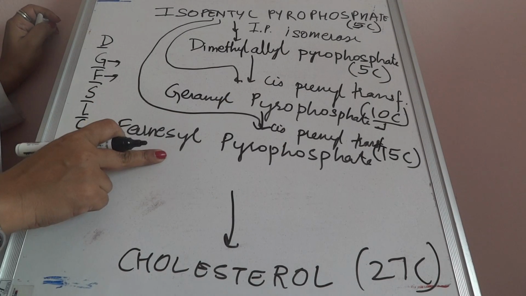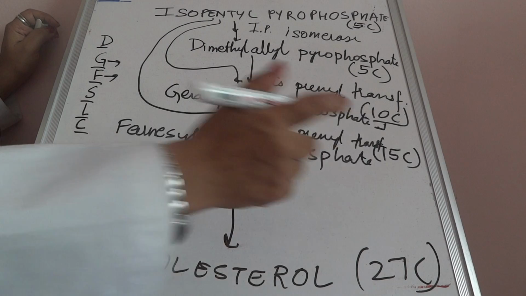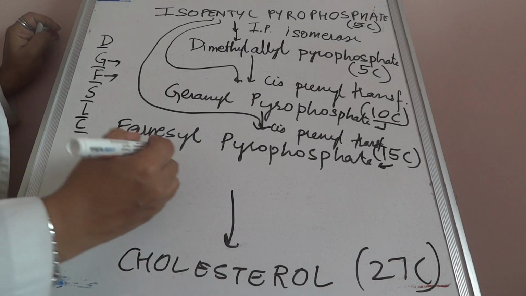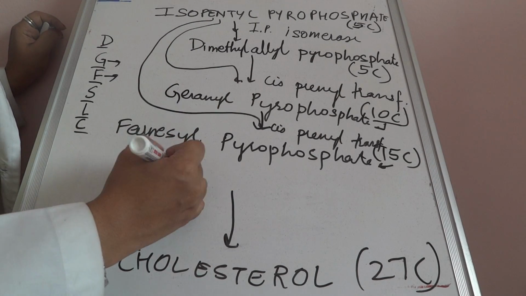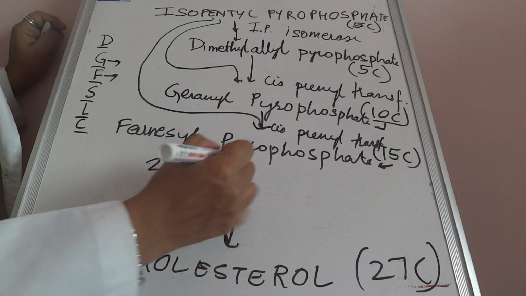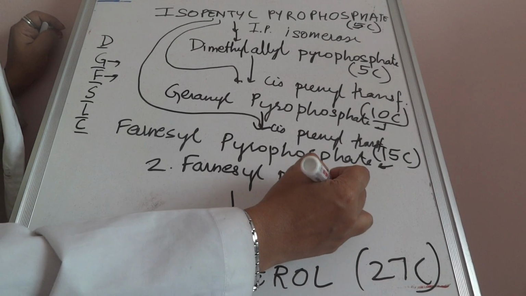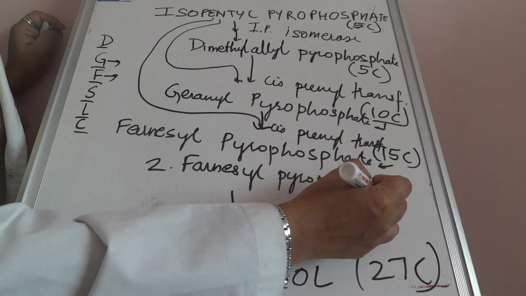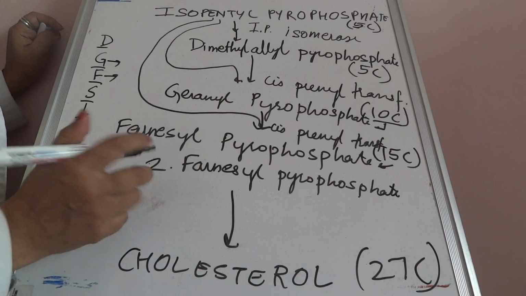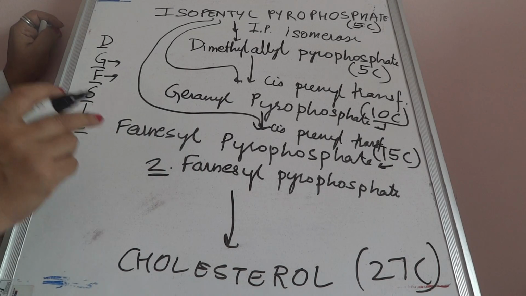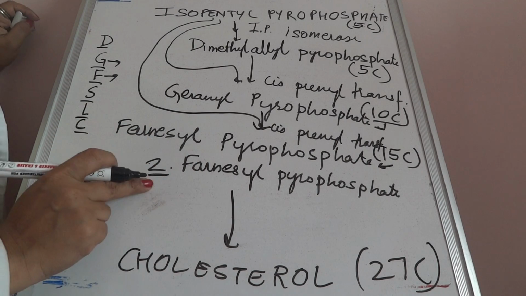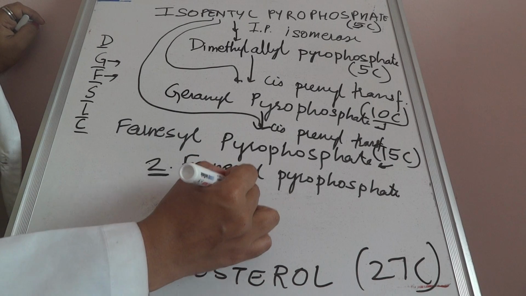So now I have a 15 carbon compound. This is one molecule. But now if I take 2 farnesyl pyrophosphate, 2, so 15 plus 15, I have 30, I can make a 30 carbon compound.